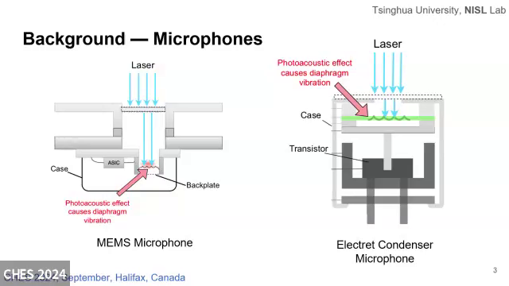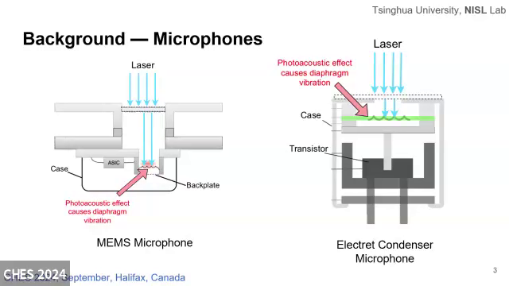There are several kinds of microphones. The one on the left is the micro-electro-mechanical system, which we just call the MEMS microphone. The one on the right is the electret condenser microphone, and there are some other types. In this paper, we mainly focus on the MEMS and the ECM. Both types of microphone utilize a condenser structure.